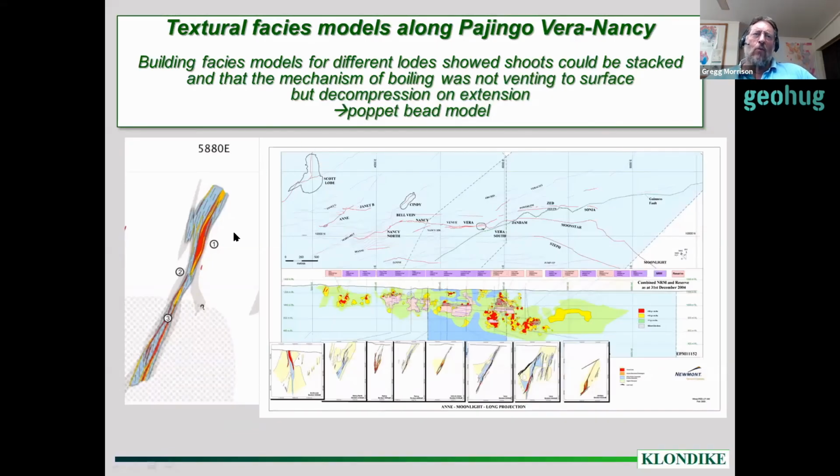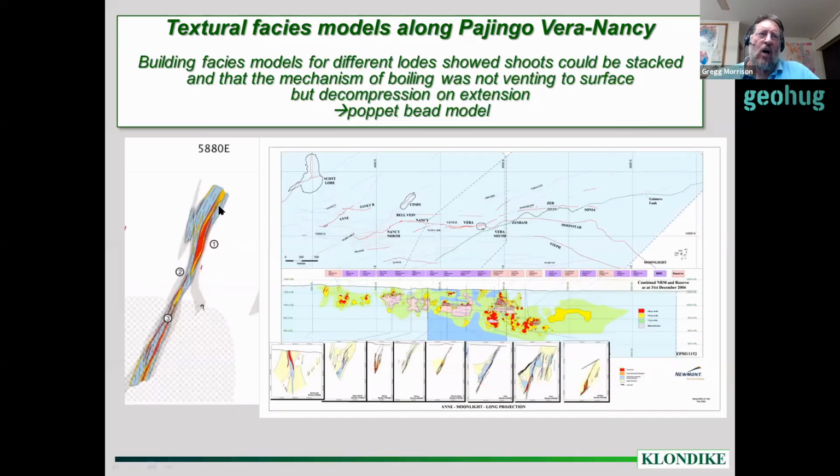So what we were able to do with that facies modeling is to review all the occurrences that were part of the exploration and mining and build the models of the silica-sulfide versus stringers versus stockworks versus massive veins, and look at the shape of that and relate it to the structural model.